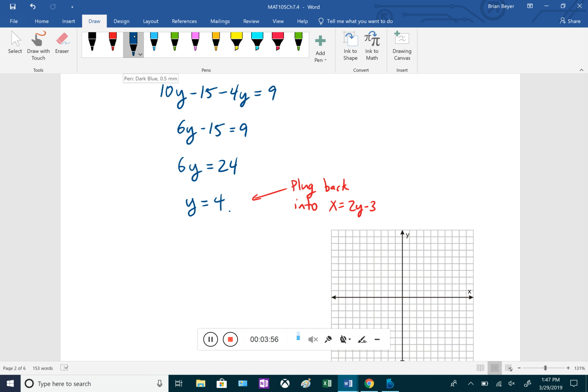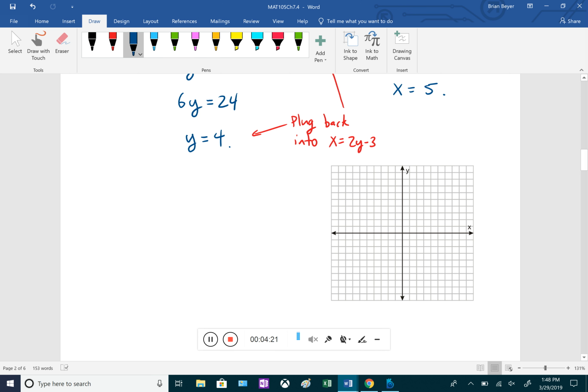So x equals 2y minus 3. We plug in 4 for y, so 2 times 4 minus 3. That gives us 8 minus 3, so that gives us 5.